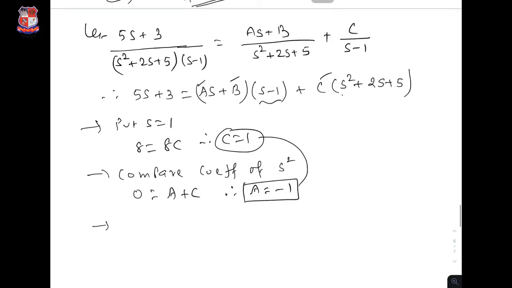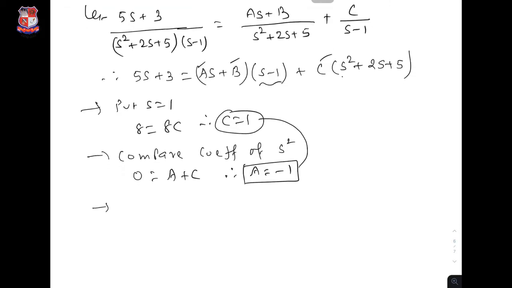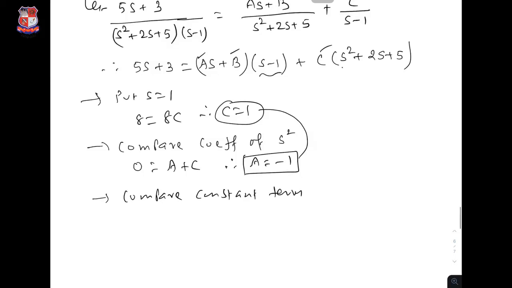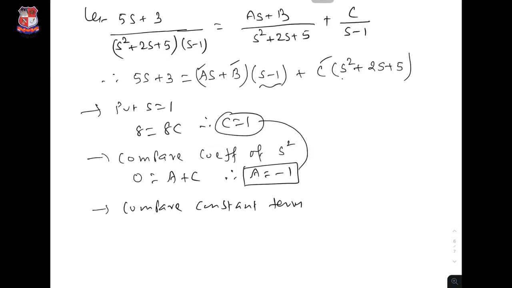Then we compare the constant term on both sides. The left side constant term is 3. On the right side, this is not a constant term, this one is also not a constant term, but b into minus 1 is a constant term, so that is minus b.